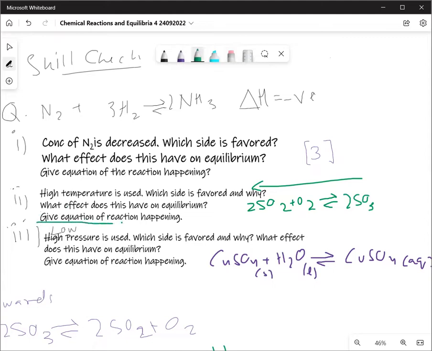Solve this one. So how to do that part? Look, it's this. The reaction is going backwards, so it will just flip the reaction. Flip the sides.